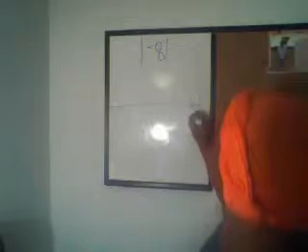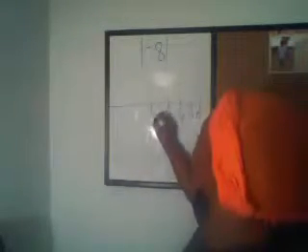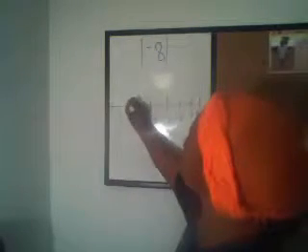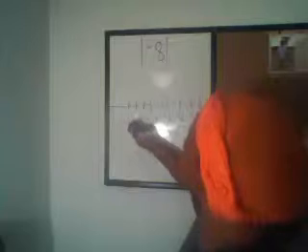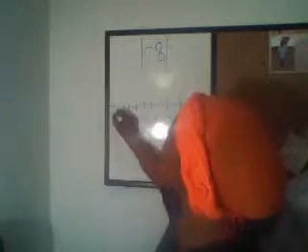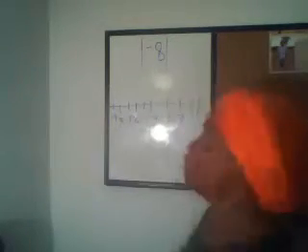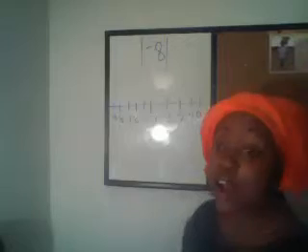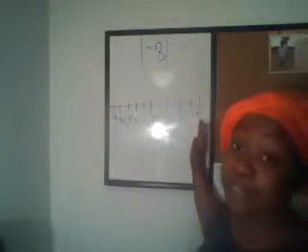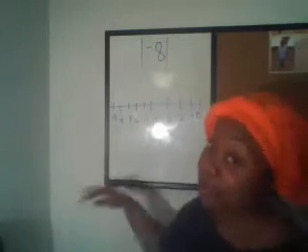Okay? And then we'll have -1, -2, -3, -4, -5, -6, -7, -8, and -9. Okay, I hope you can see that clearly. So I want to know how far -8 is from 0. And what I did, I put my 0 on this side because negatives are on the left side of my 0, not the right.